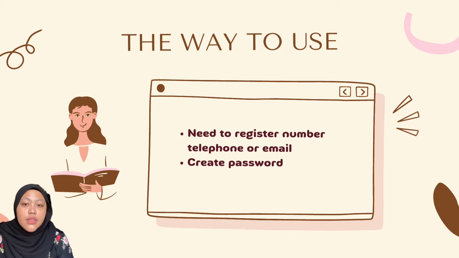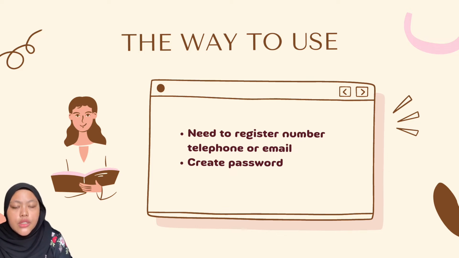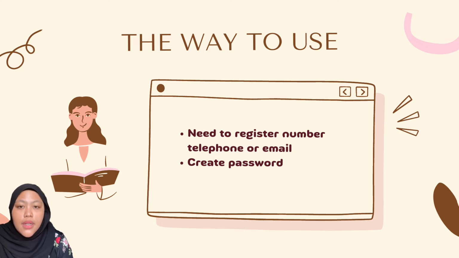Next, they need to create a password. When all is done, we can enter the home page of the e-wallet. On the home page, we can see our total money, the scan, the pay, the transfer and others.